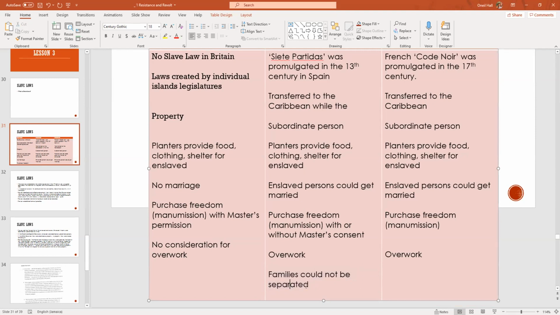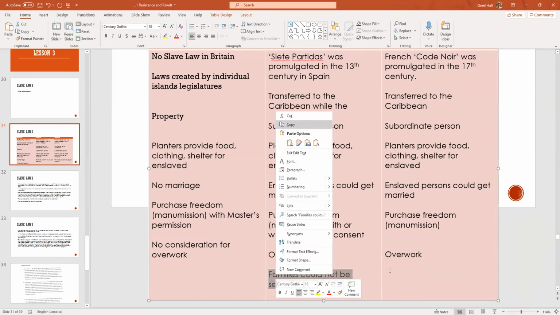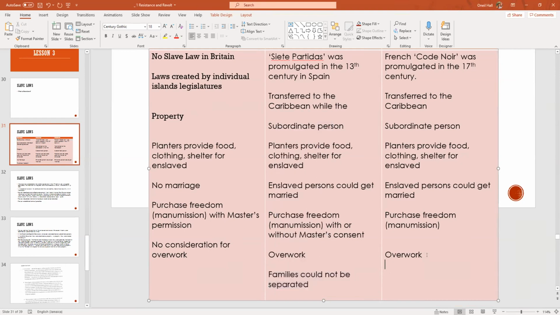Yes, sir. What about the British? No, sir. So you could separate families.